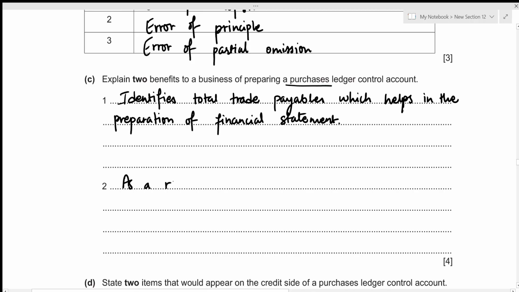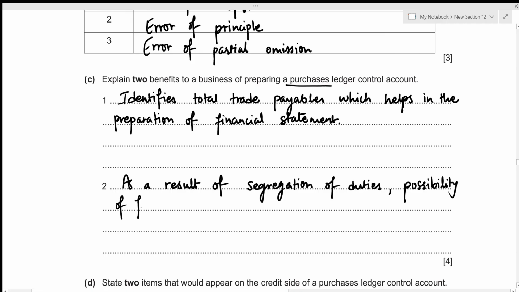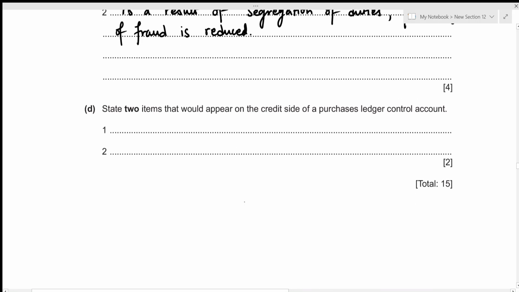As a result of segregation of duties, possibility of fraud is reduced. All right, this concludes the third part. Let's move to the fourth one.